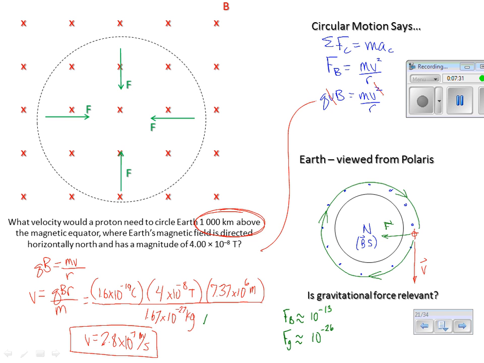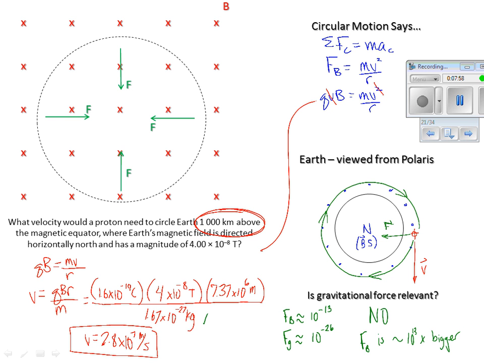All right, and so the deal is, the answer to this is no, because FB is about 10 to the 13th times bigger, at least moving at some speeds. Now the speed plays a big factor in this, but in general, what seems strange is gravitational forces are kind of the weakest forces around. Right?